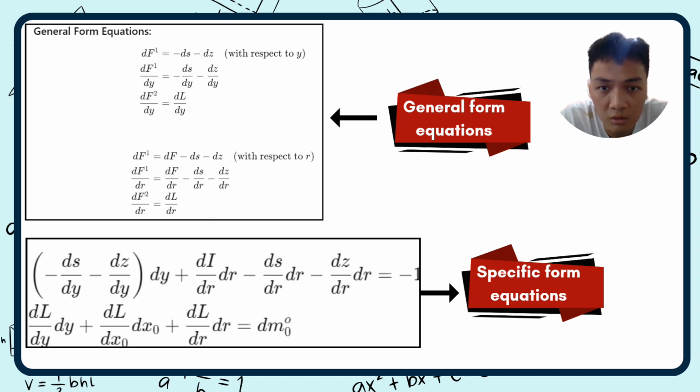The second term includes the effect of change in L, S, and Z with respect to r multiplied by dr. The third term includes the effect of change in L with respect to y, x, and r multiplied by their respective differentials. The right-hand side of the equation is a combination of constants and differentials, indicating a relationship between these variables.